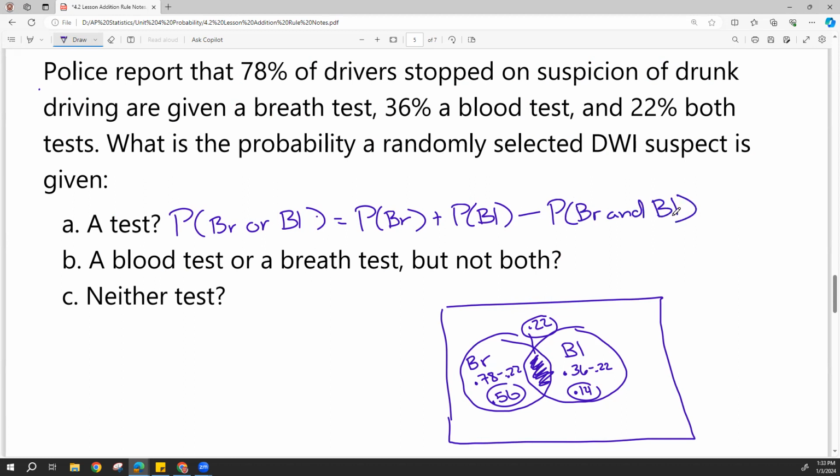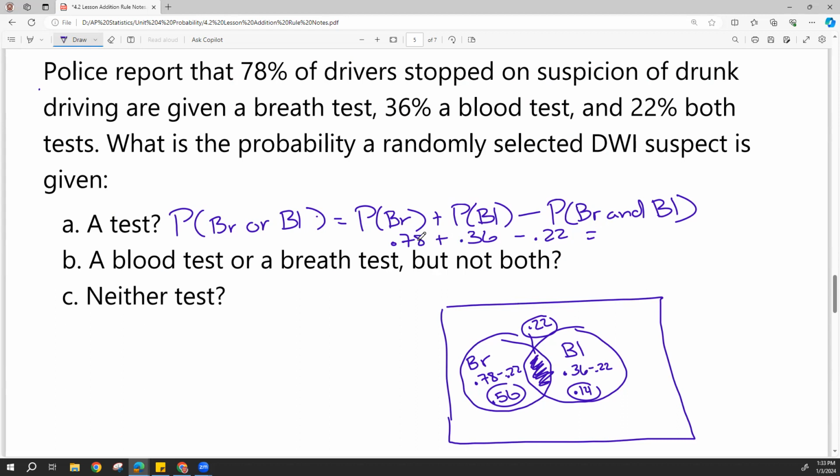I can use my updated addition rule. We have these probabilities, 0.78 plus 0.36 minus 0.22. And you should know you did this wrong if you didn't subtract, because 0.78 and 0.36 are more than 1. Total probability can't be more than 1.